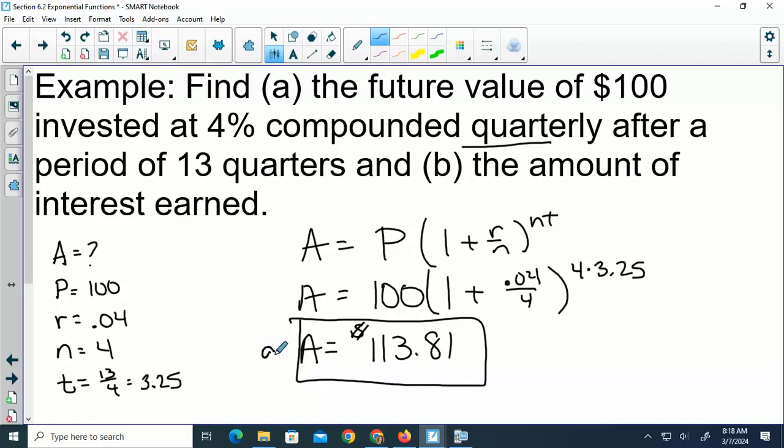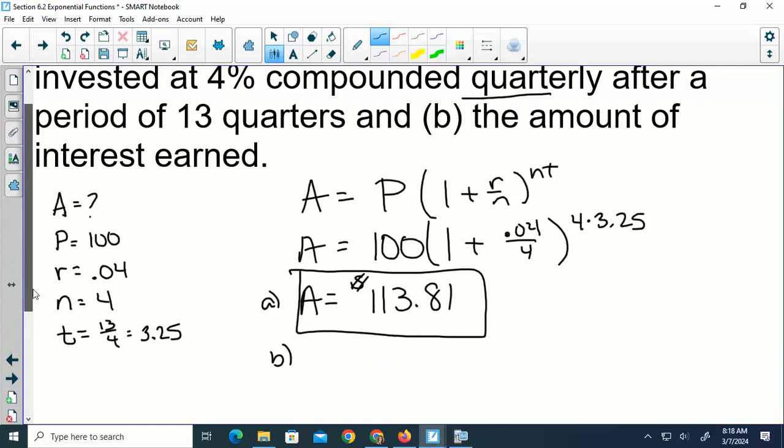That's the first question. Part B, I want to know the amount of interest you earned. How would I find how much interest you earned? You subtract. This is what I ended with, minus what I started with, 100.